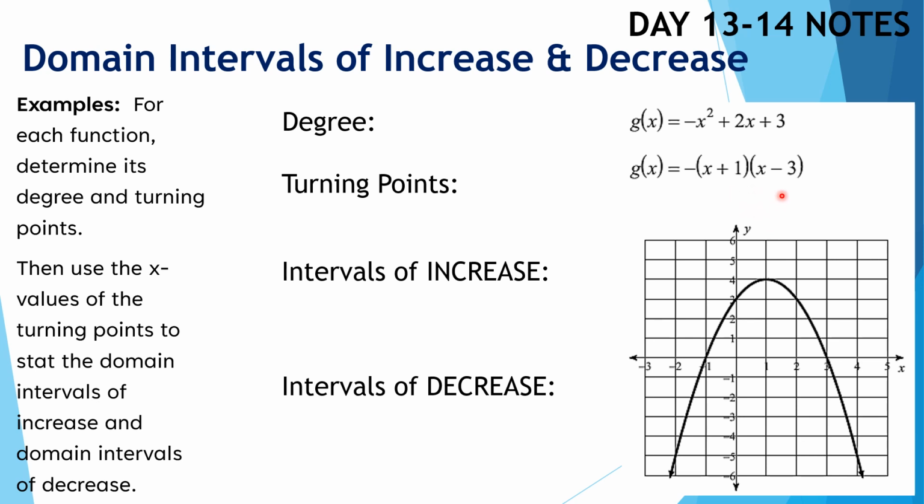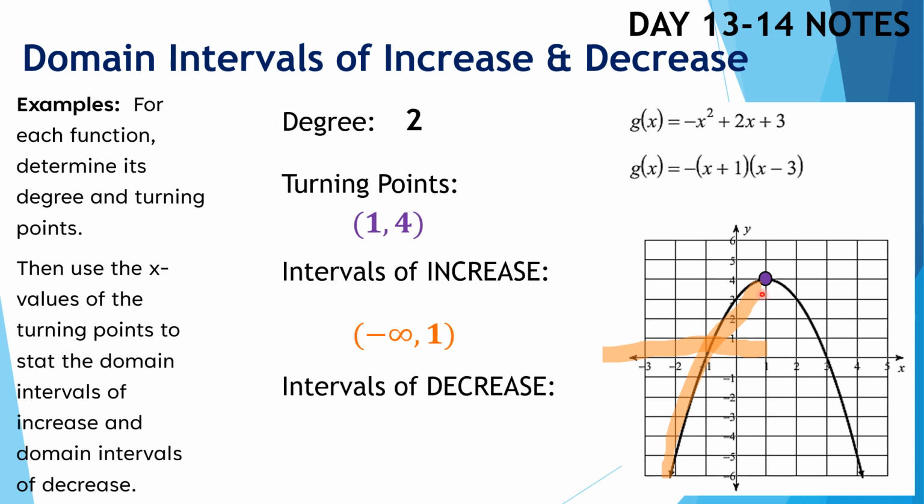Just making connections. All right, so what is the degree? What's the biggest exponent for this example? It's 2. All right, we have one turning point. So at the point (1, 4), that is where the graph is actually changing direction. And as I look from the far left to the far right, when I get to x equaling 1, that's where my graph is going to change direction, but that first section increases.